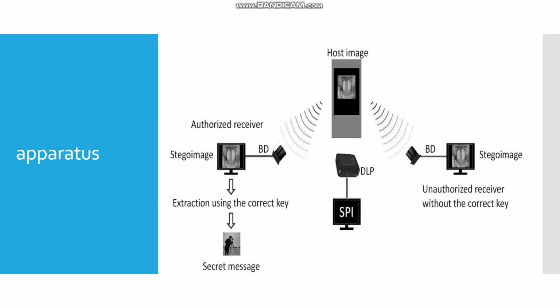It can be detected by anyone, but the receiver who possesses the RIM key will be able to decode it. It is then received by the bucket detector, in which the stego image is formed in an analog pattern, and then the extraction is carried out using the correct key, which is the RIM key, into the digital signal.